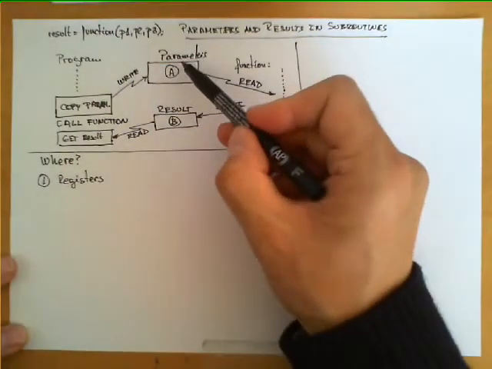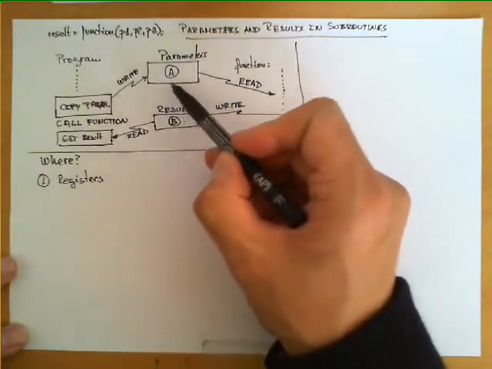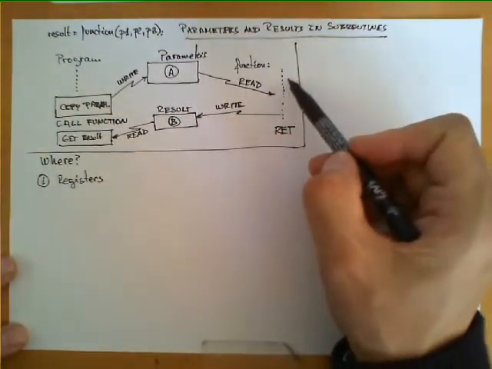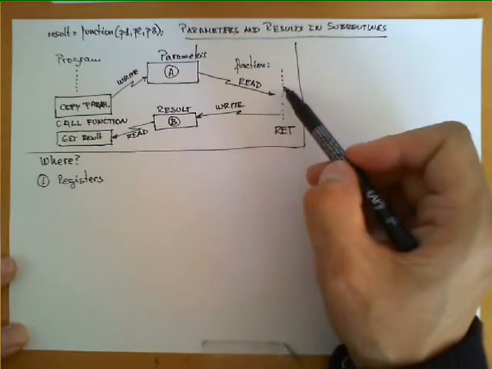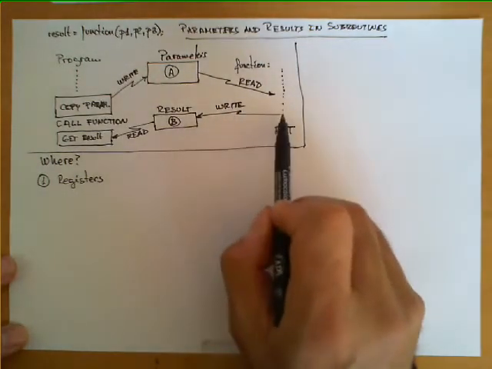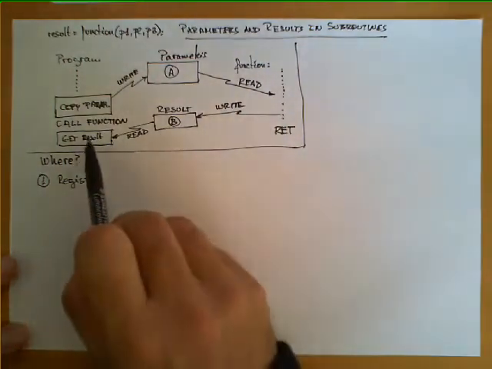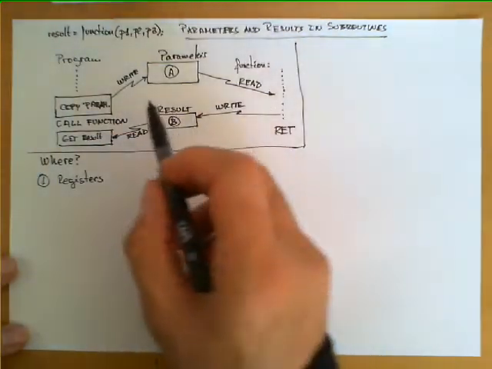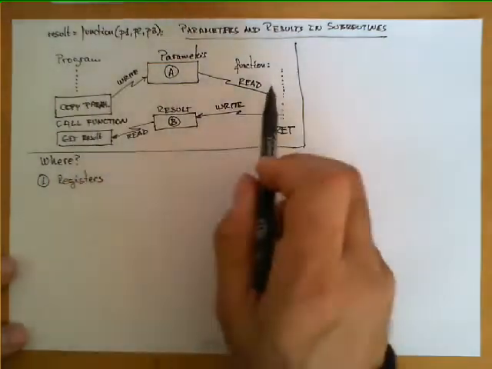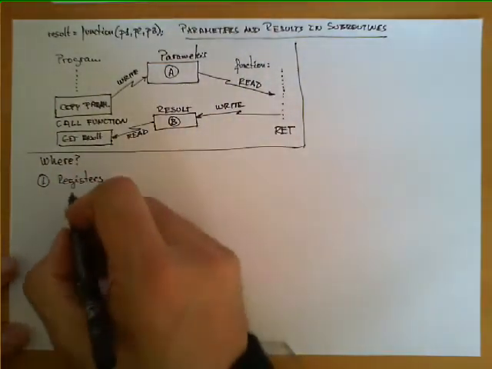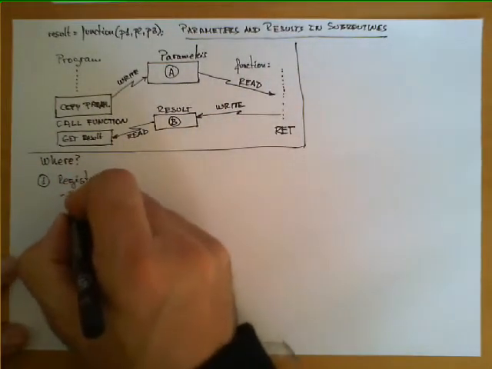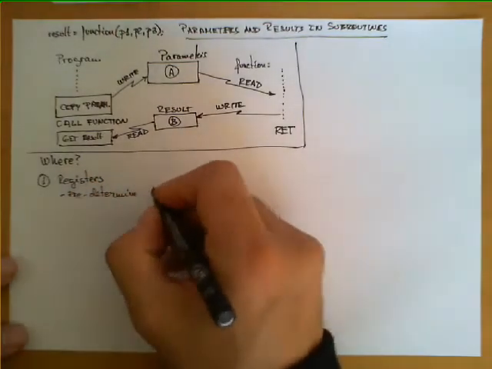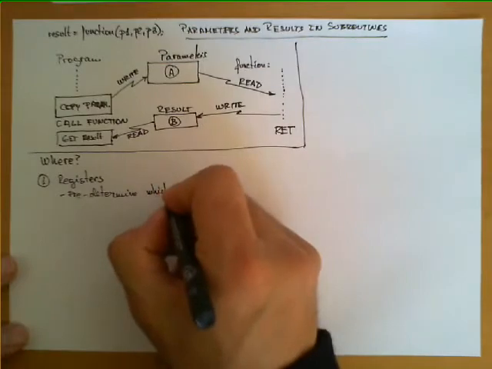In other words, we would reserve certain registers to store the parameters used by the function and the parameters expected by the subroutine, and we would allocate additional registers to write the result such that the invoking program expects the result there. So this is some sort of pact or agreement between these two entities, and we would have to define first, predetermine, which ones are we using.